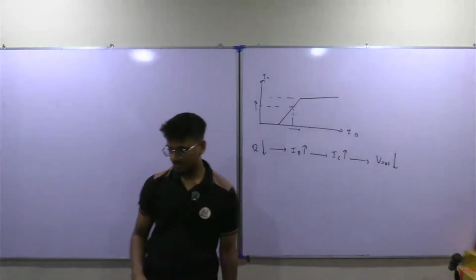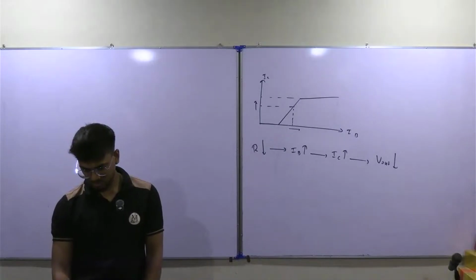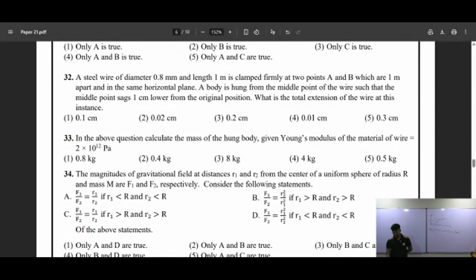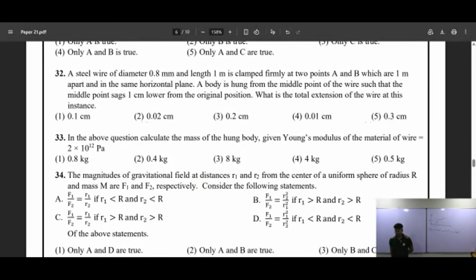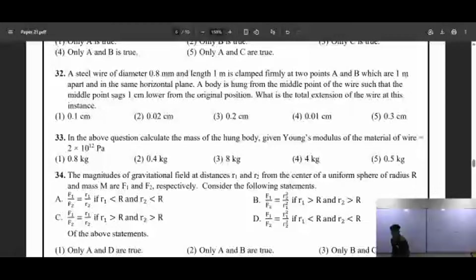Okay, next question. See, a steel wire of 0.8 millimeter and length 1 meter is clamped firmly at two points which are 1 meter apart and in the same horizontal plane.